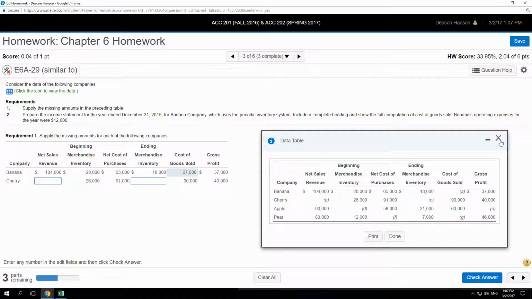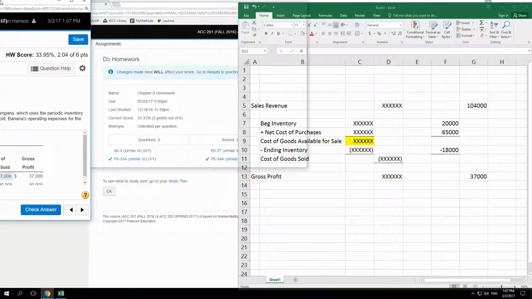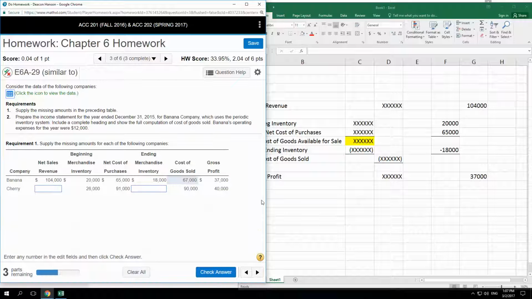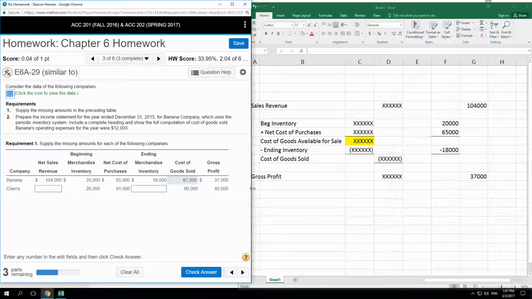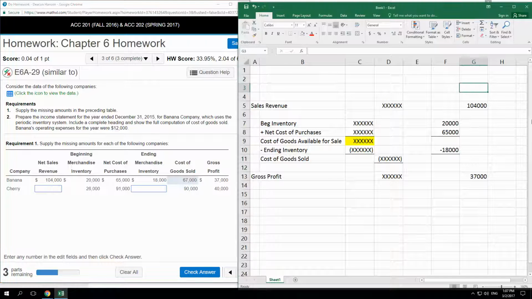I don't even think we need this table up. This is just showing you what's being repeated over here. So I'll take this table away. Then maybe we can actually work them side by side like this. Okay. So that was Banana. We just did Banana. Now we're going to do Cherry.